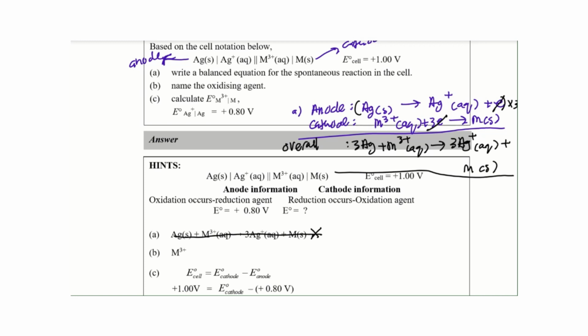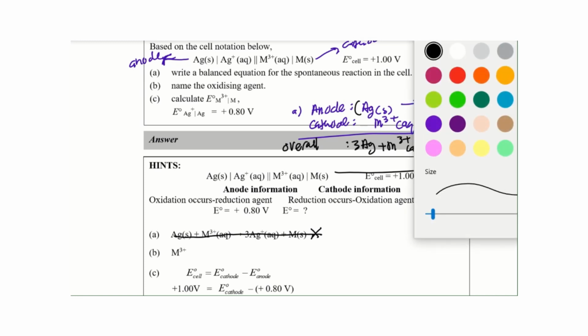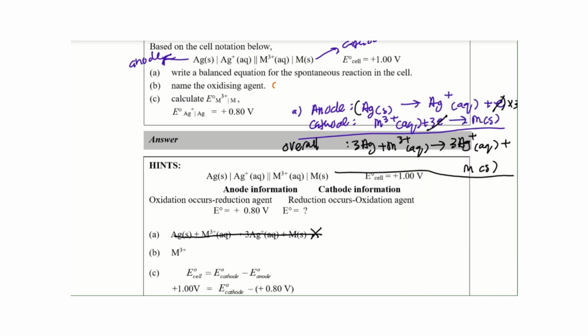Next, name the oxidizing agent. The oxidizing agent is the substance that undergoes reduction. So which substance undergoes reduction?